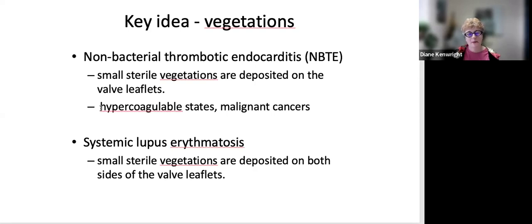So it happens in hypercoagulable states, such as in malignancy, anything that makes the blood clot extra, and you get these small sterile vegetations on the valve leaflets. And you also get them in SLE, where you get small sterile vegetations, this time on both sides of the valve leaflets.